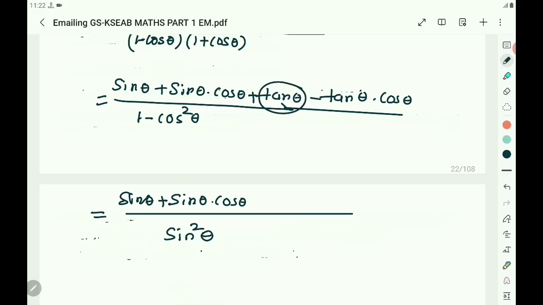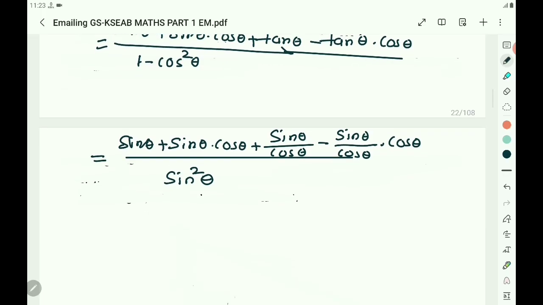Then write tan theta in terms of sin by cos: sin theta by cos theta minus, again you write tan theta in terms of sin by cos, sin theta by cos theta into cos theta.